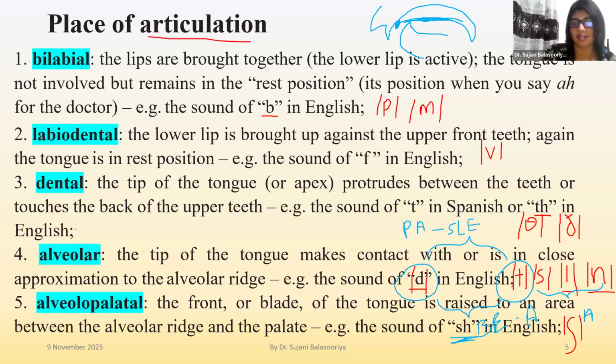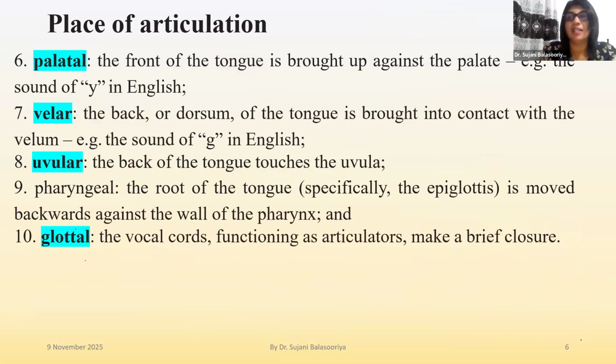Okay, right. Then we have palatal consonants. For palatal consonants, there's only one place that is relevant, that is the hard palate, right? The front of the tongue is rising and touching the hard palate. In the note actually there is a kind of problem, right?